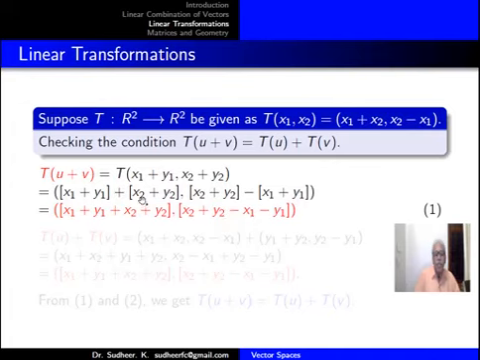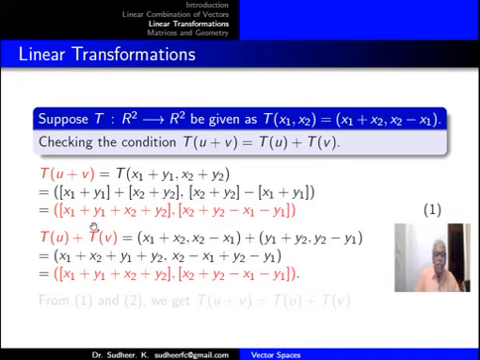So for this point (x1 plus y1, x2 plus y2), the image will be first plus second, that is x1 plus y1 plus x2 plus y2, that is the first coordinate, and the second coordinate is x2 plus y2 minus x1 minus y1.